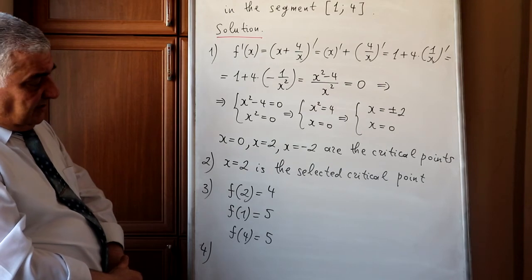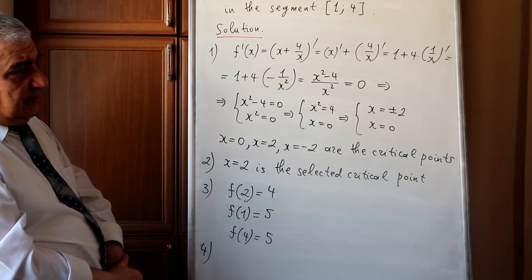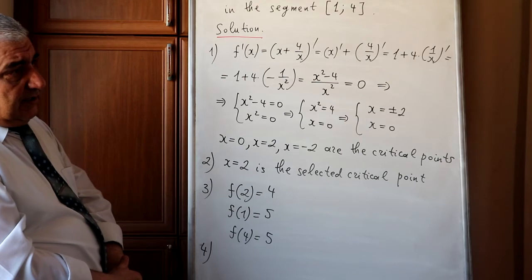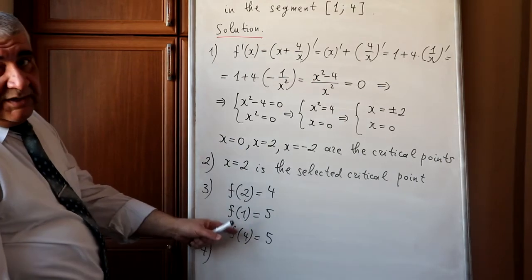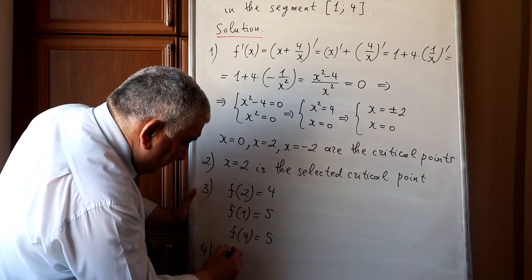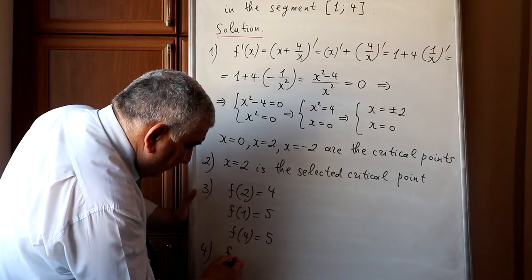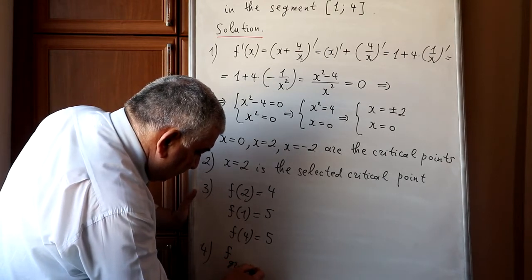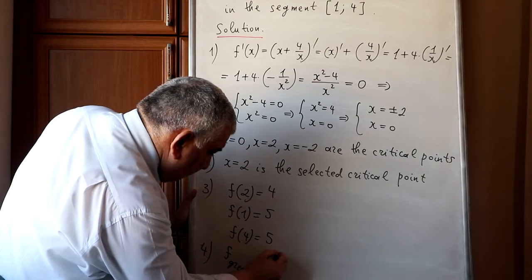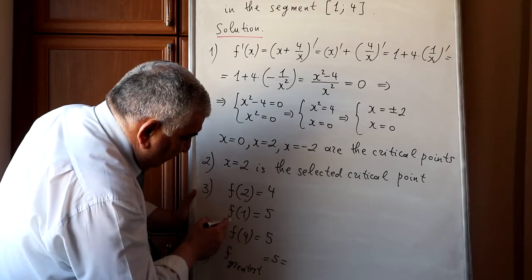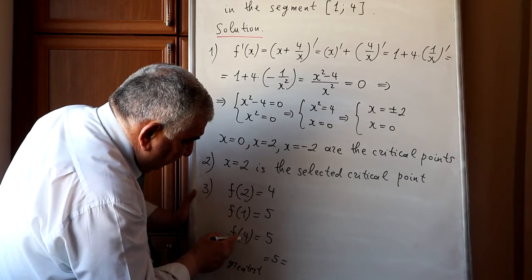Here the greatest value is 5, and this value is reached at 2 points, at point 1 and at point 4.